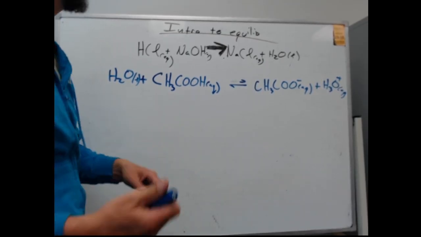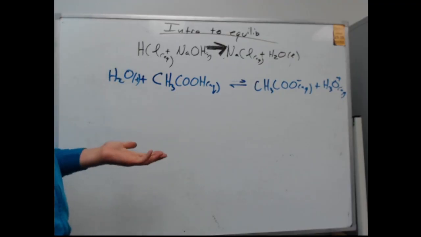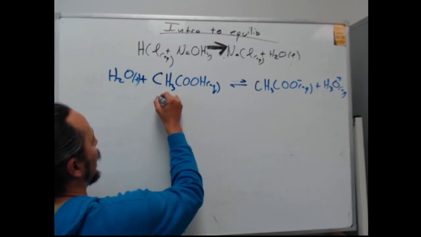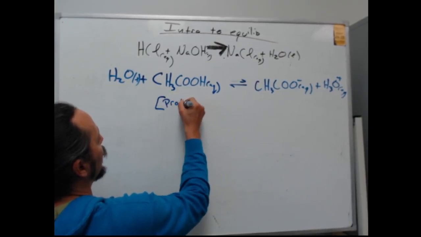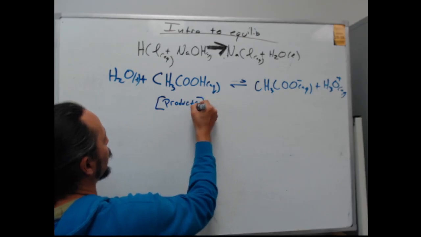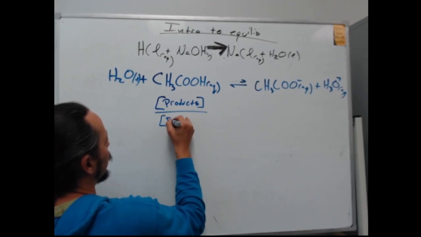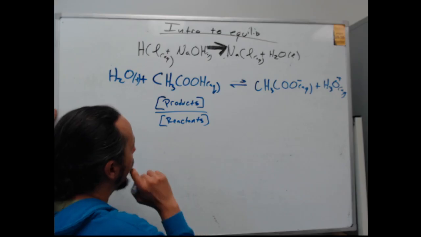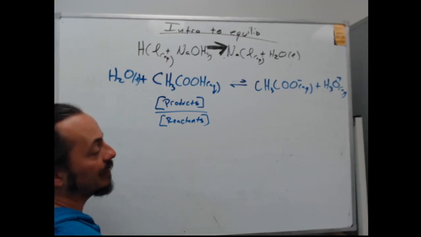And we introduced this idea of, well, let's keep track of how much products there are and how much reactants there are. So we introduced this ratio, this idea of the percent of how much products and how much reactants.